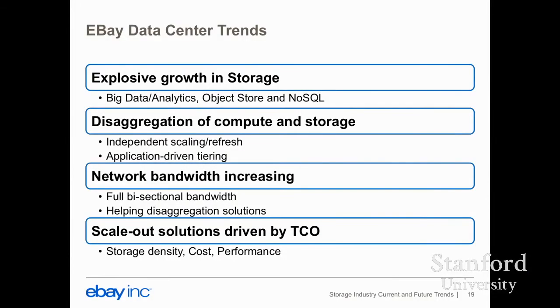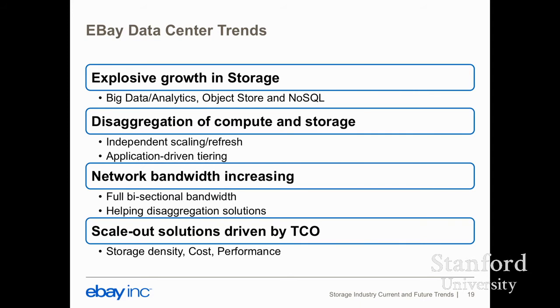So there are a few data center trends that I like to talk about. One of them, obviously, like Russ was mentioning, is the explosive growth in storage. All this information that supports commerce, e-commerce, and the whole ecosystem is basically explosive growth in storage.